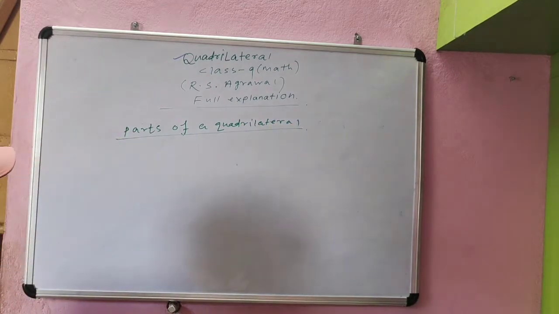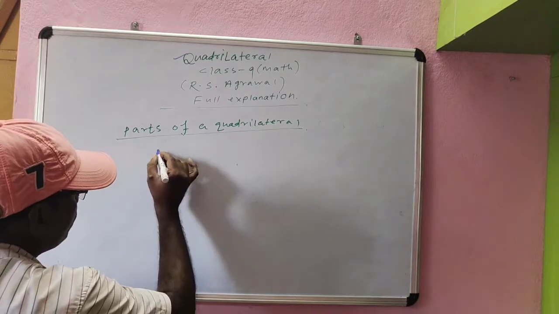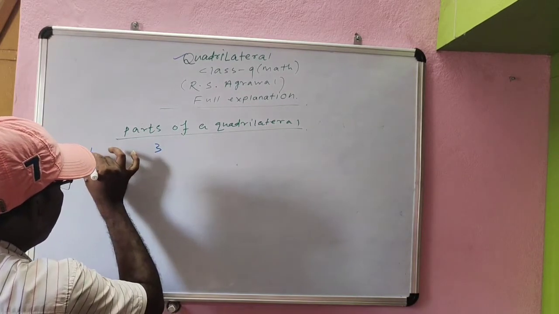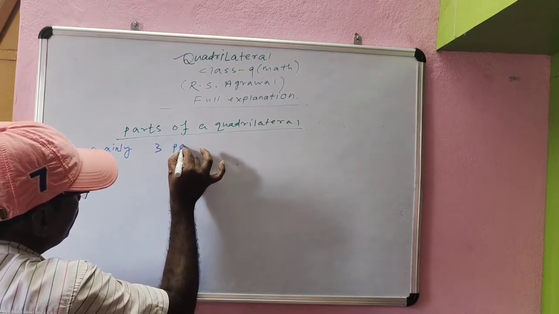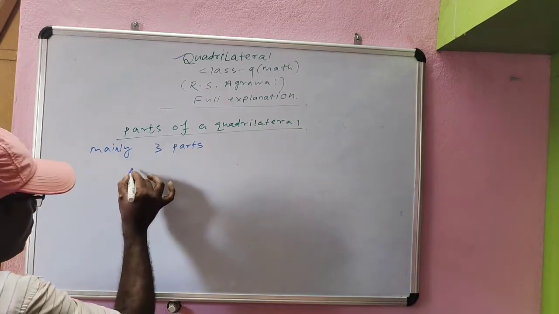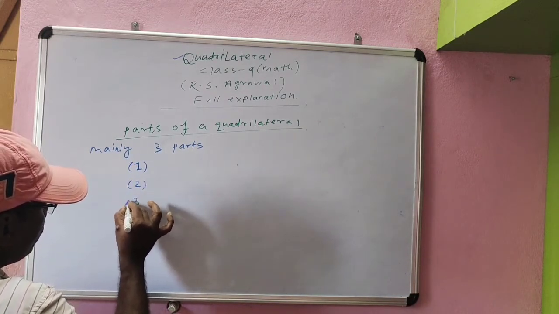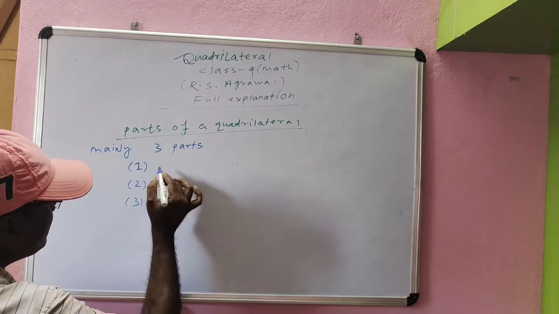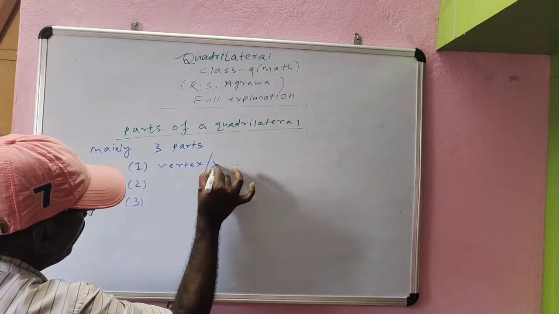A quadrilateral has mainly three parts. Number one is vertex or vertices.